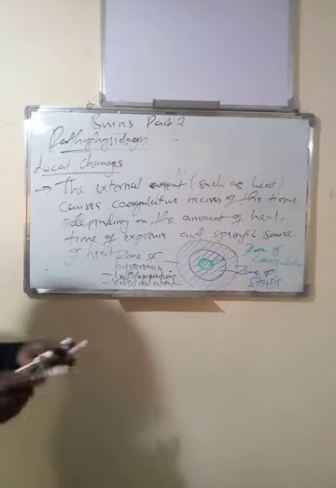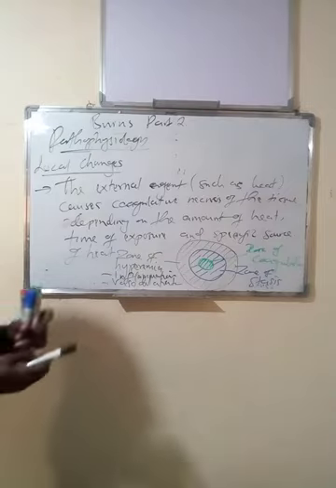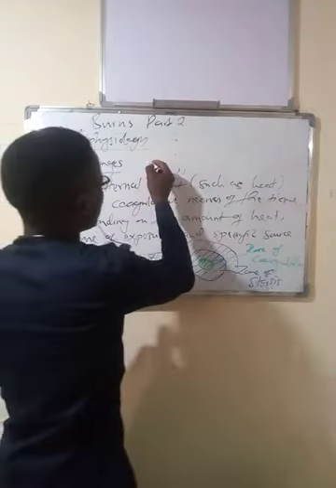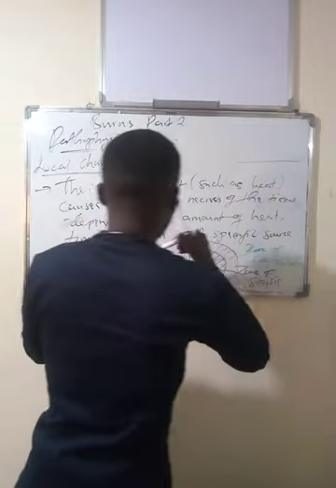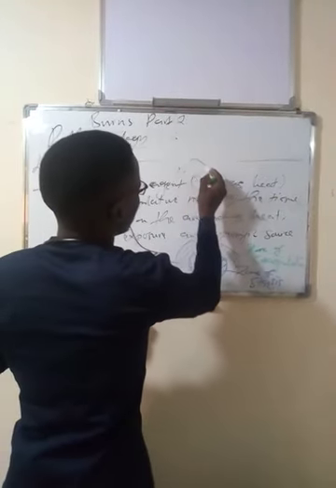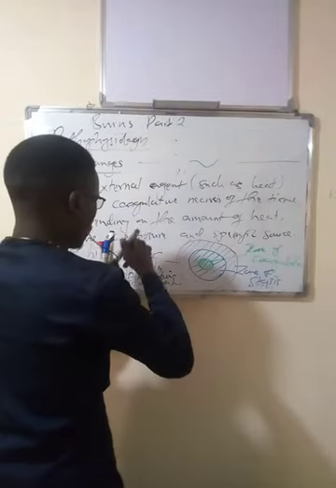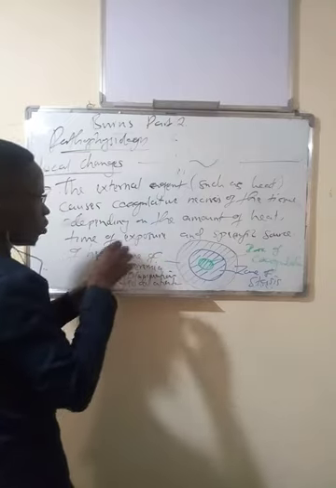Let's say this is the skin. The first zone that we're going to have is the zone of coagulation, and then from there we have the zone of stasis, which continues like that.